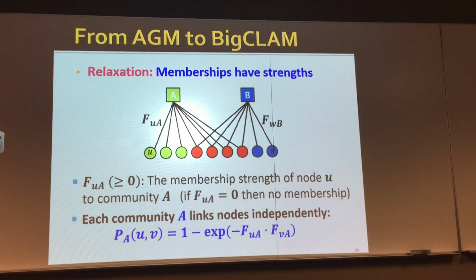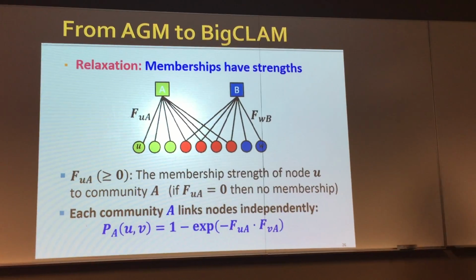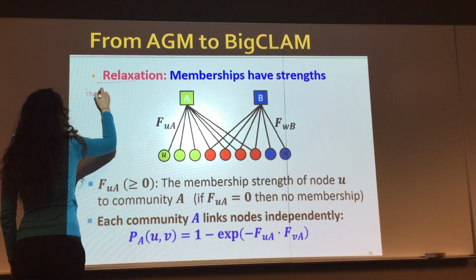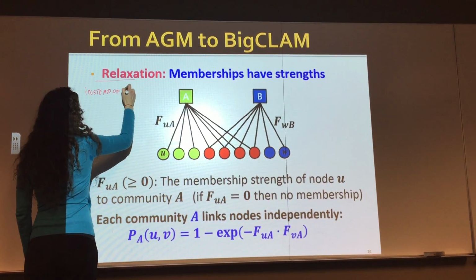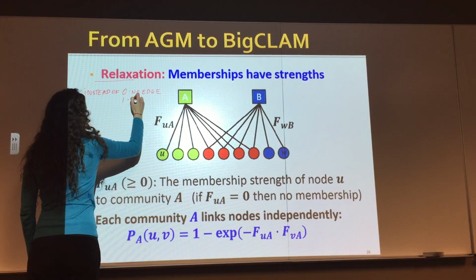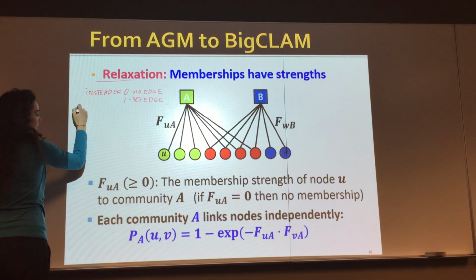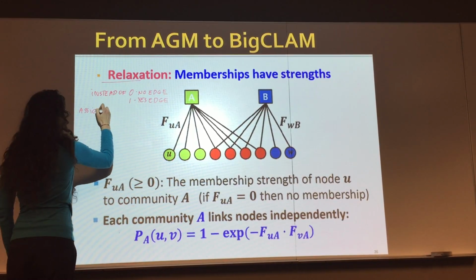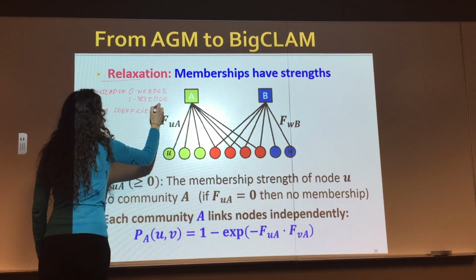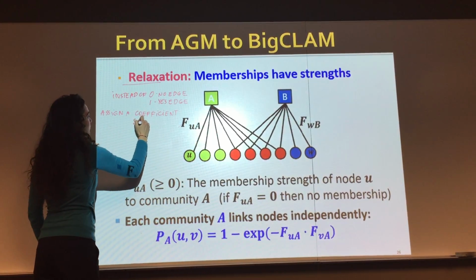So we are relaxing the model in the sense that instead of having a 0 for no edge and 1 for yes, edge or connection, we will assign a coefficient which is a number between 0 and 1 called the strength.